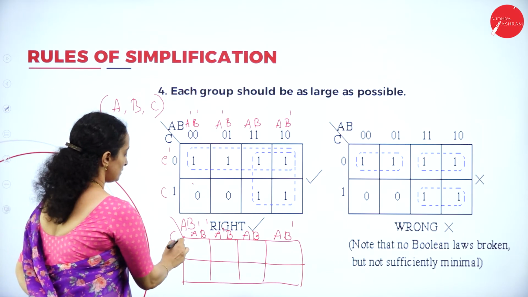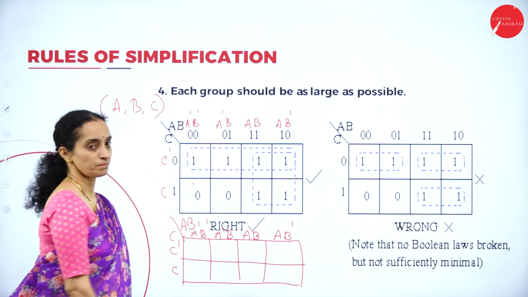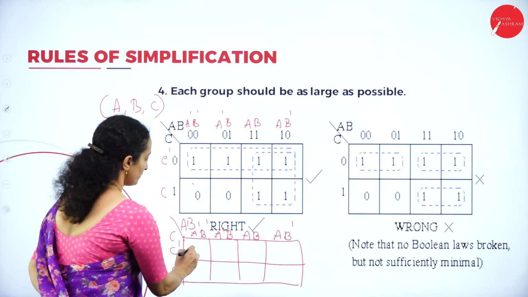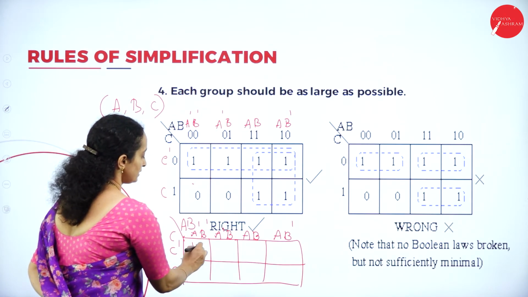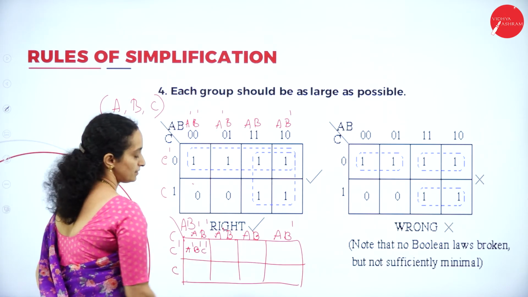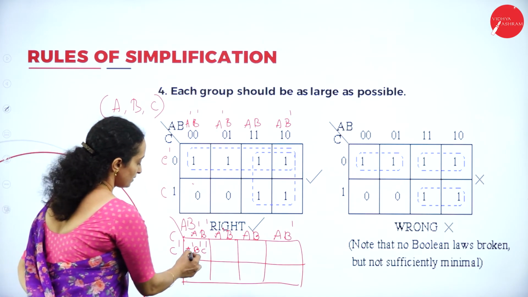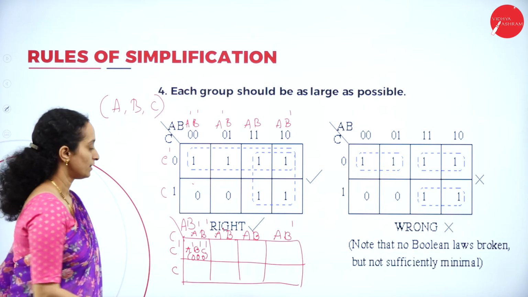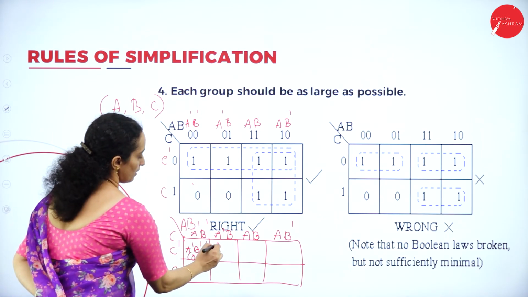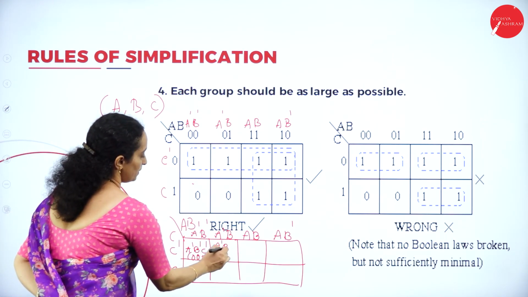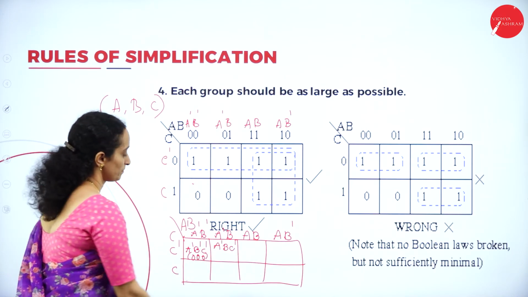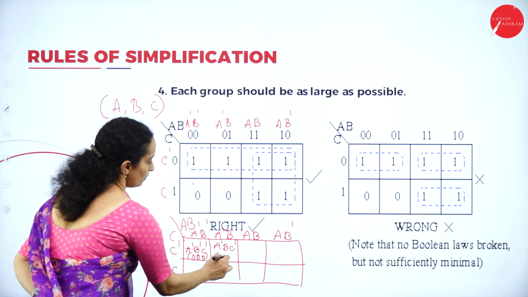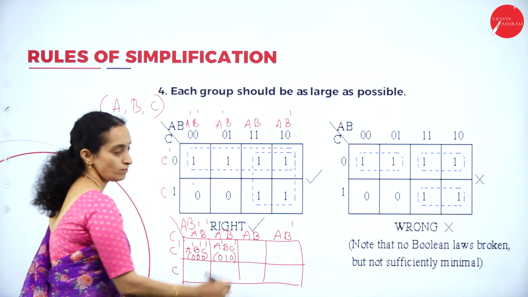So, this is C dash, C. So, first it will be A dash, B dash, C dash, which represents 0, 0, 0. Then we have A dash, B, C dash. It will be 0, 1, 0.